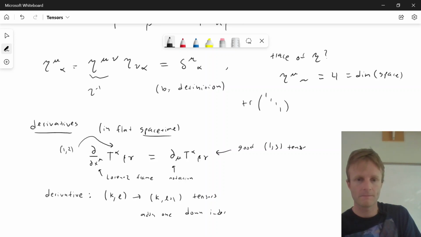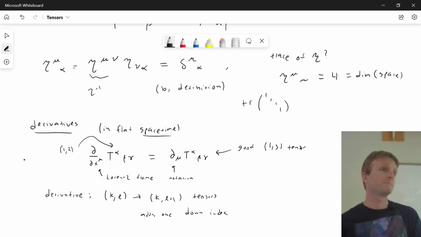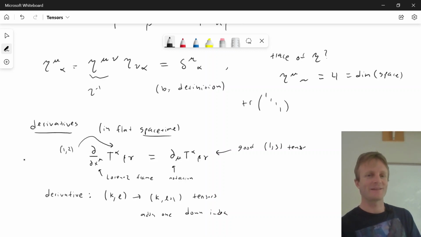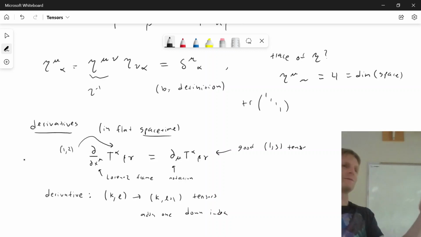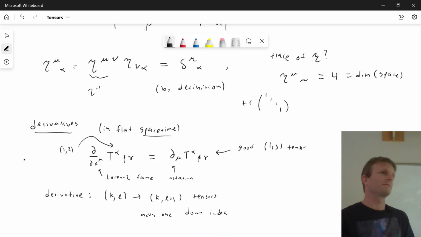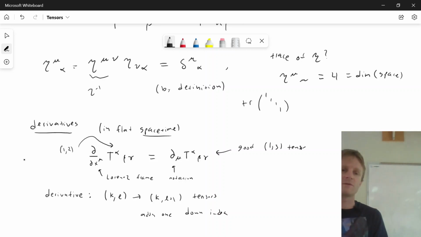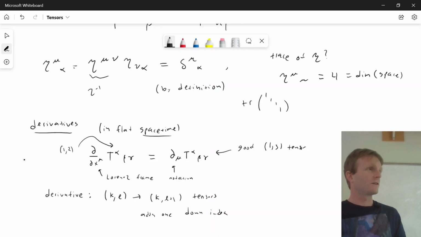Does it add components to the tensor itself? Yeah. The new tensor, you now have to plug in a vector to eat up the little down index here, right? Which is sort of which direction are you differentiating in, much like the gradient. So the gradient of f is now a one index object. It's got a downstairs index. It needs to eat a vector to give you a number. And the interpretation of the answer when it eats the vector is how fast the function you took the gradient of changes in the direction represented by that vector.